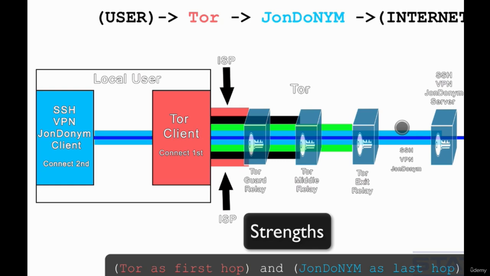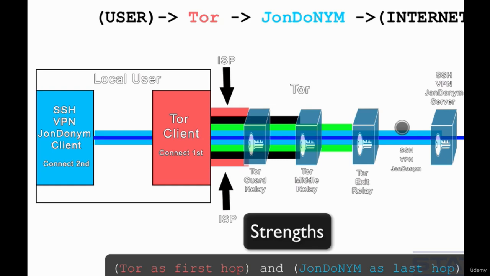And after that, the user goes to SSH, VPN, JonDonym, and then Tor and internet .onion, your desired target. So here SSH, VPN, and JonDonym are first hop and Tor is last hop.